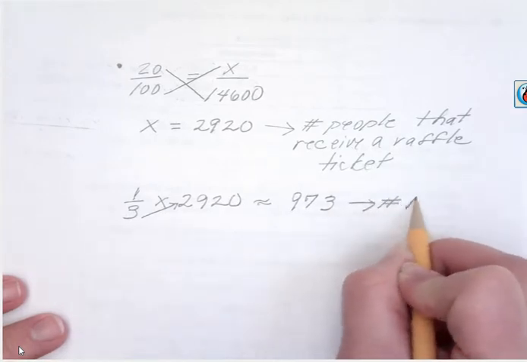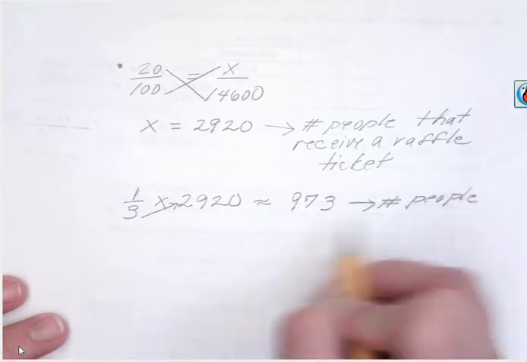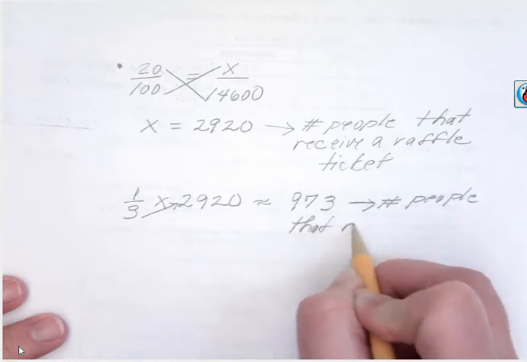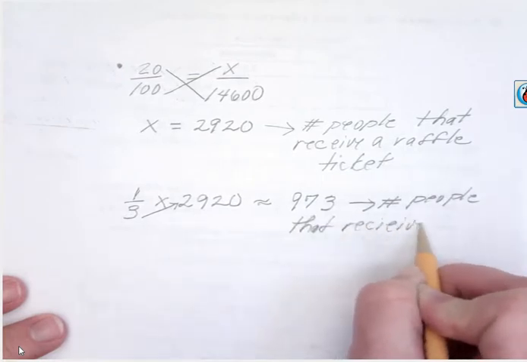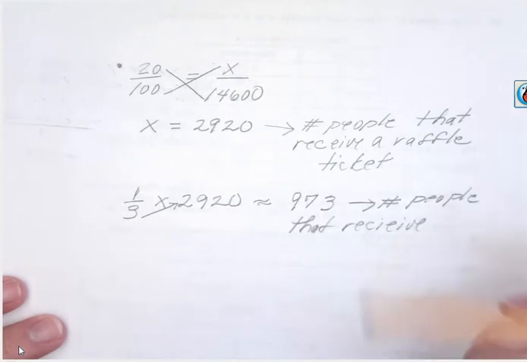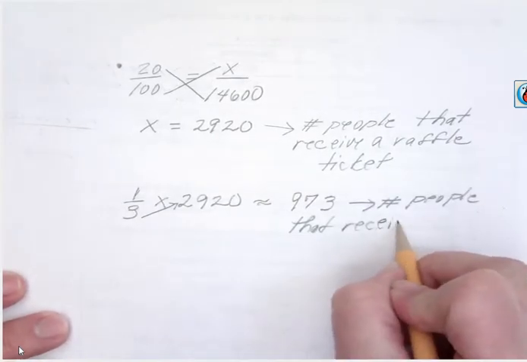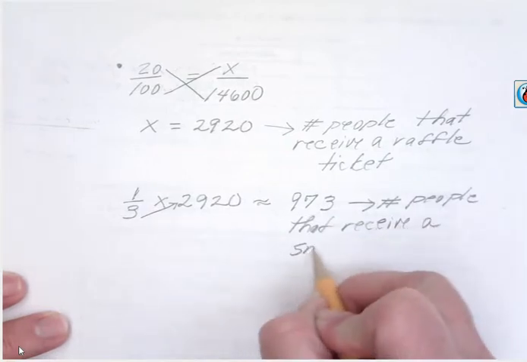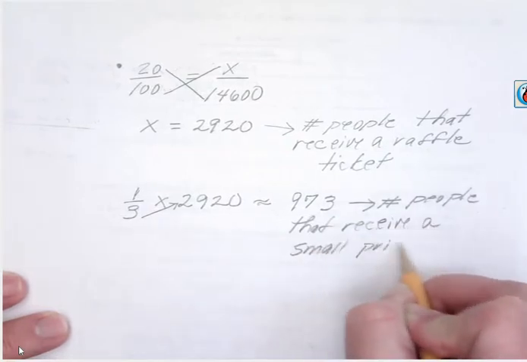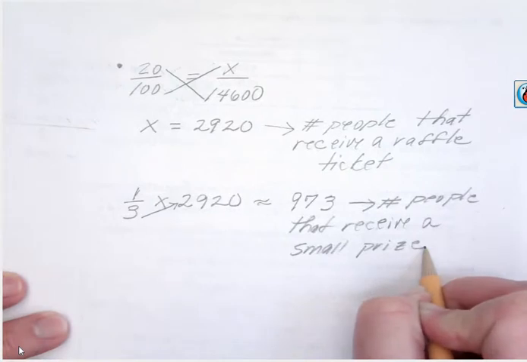So this is the number of people that receive, yep, I spelled that wrong, a small prize. And that's what they're asking for.